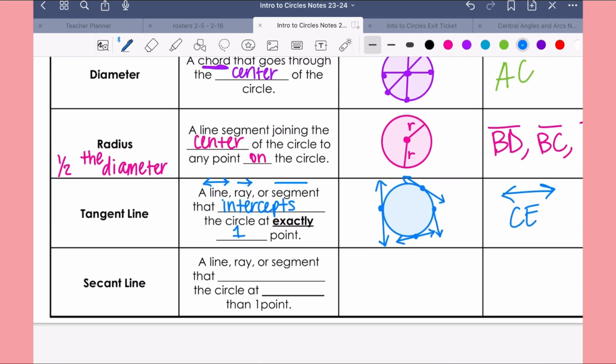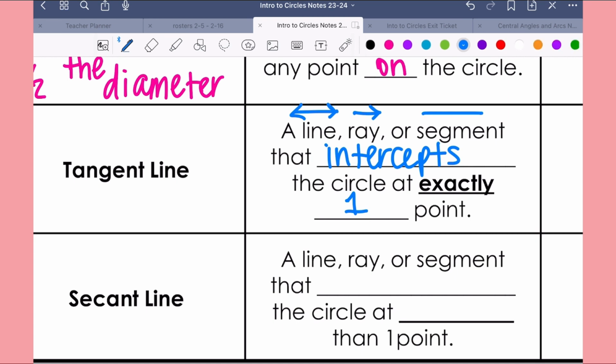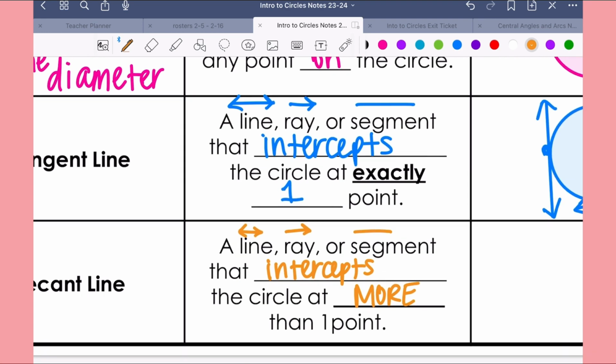Okay. All right, and then that leads us to the last one, which is a secant line. A secant line is, again, a line, a ray, or a segment that intercepts the circle at more than 1 point. Okay, what's more than one? 2.